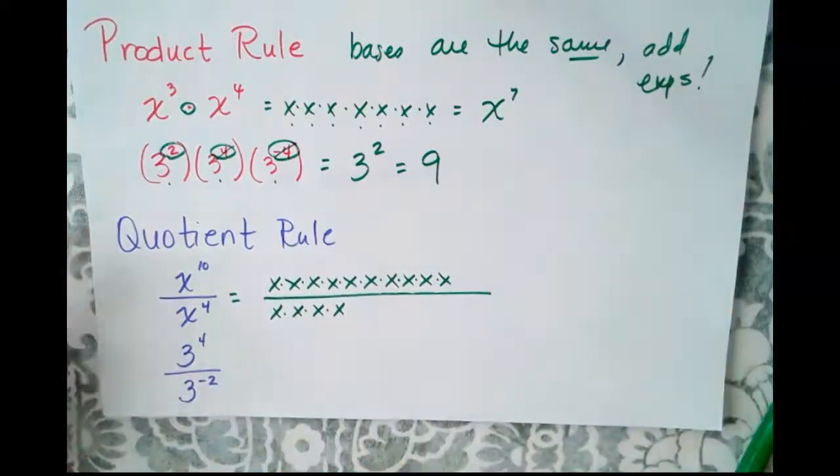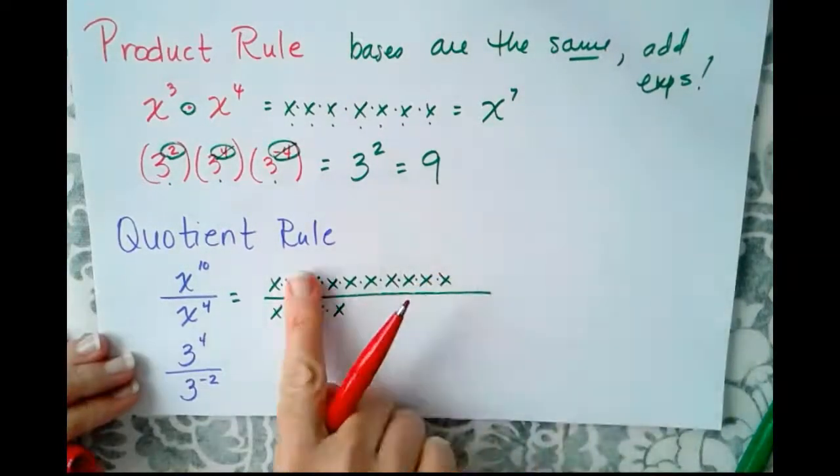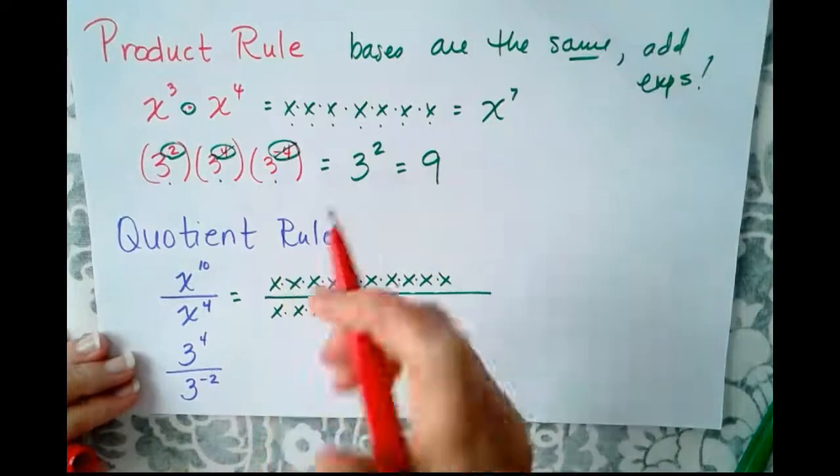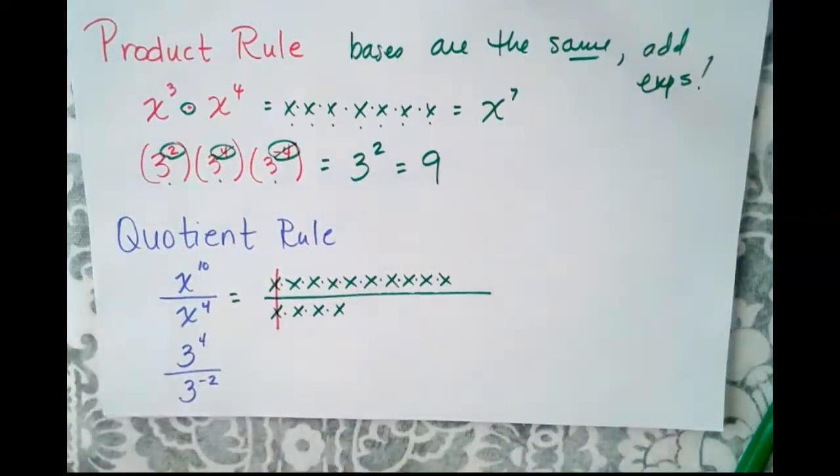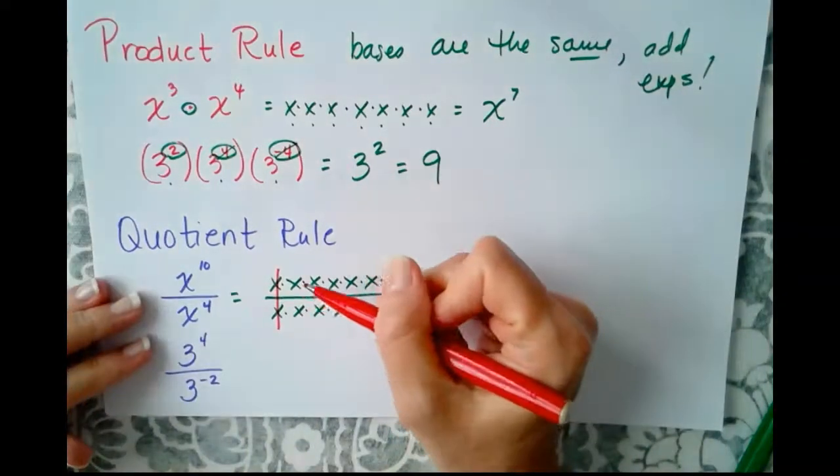So think about it. What is actually going to cancel here? x over x is equal to 1. That's an identity. That's why if we multiply by the identity, we don't change the value. That's how come we can just cancel.